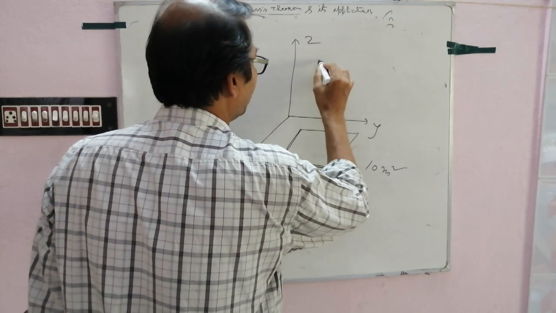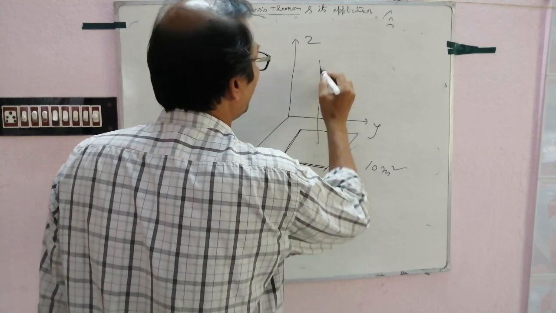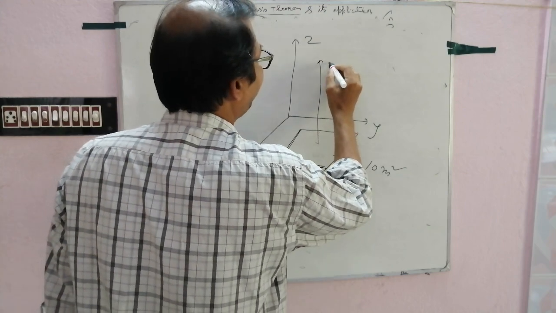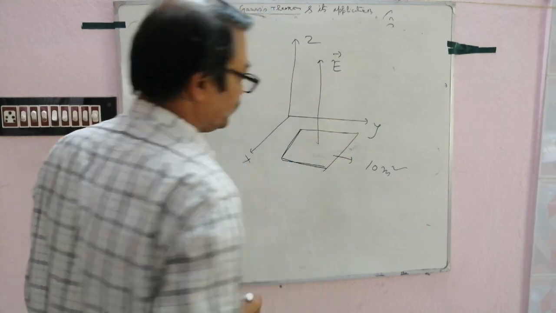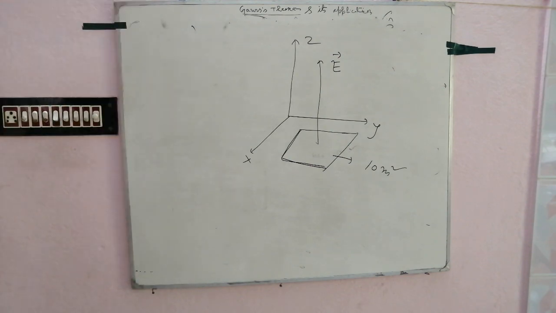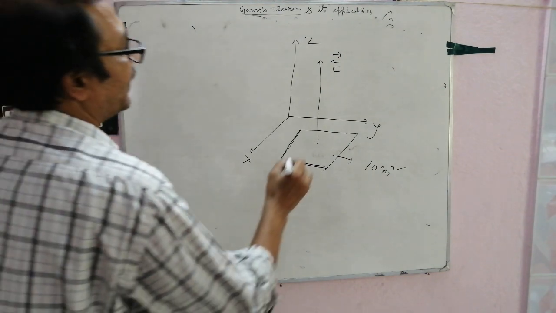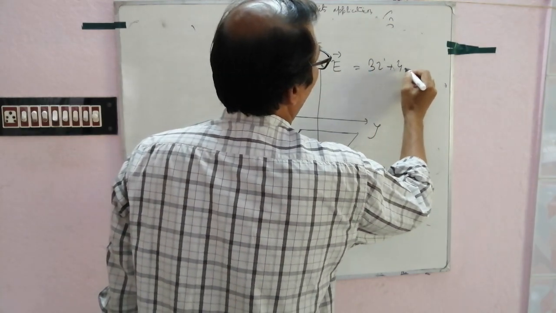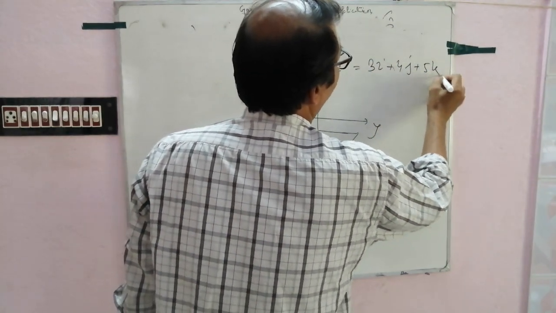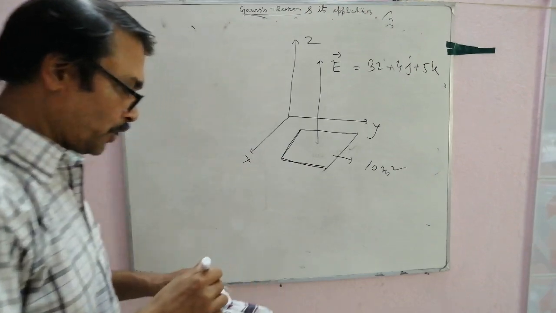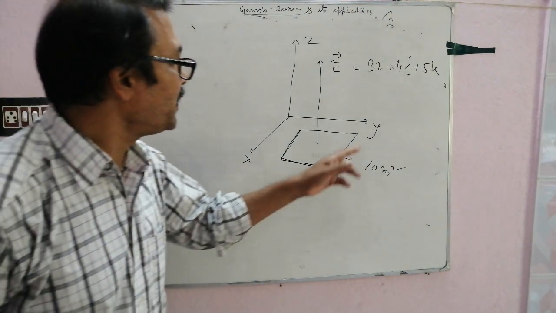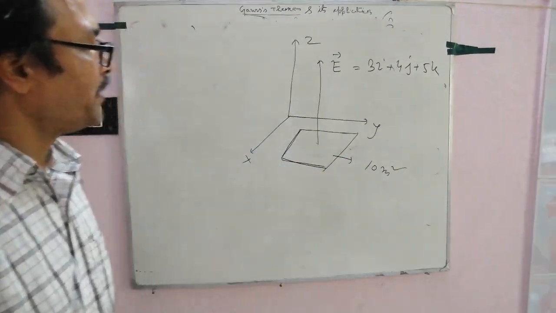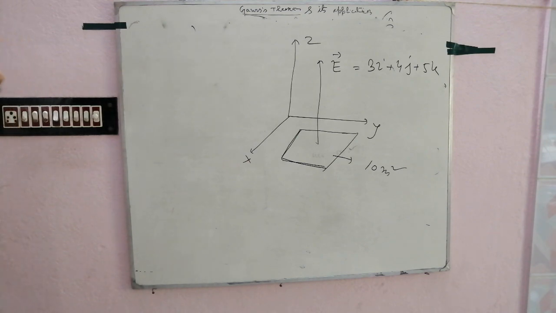The field is parallel to the z axis, and the field equals, suppose, 3i plus 4j plus 5k. 3 is the x component of the field, 4 is the y component, and 5 is the z component.